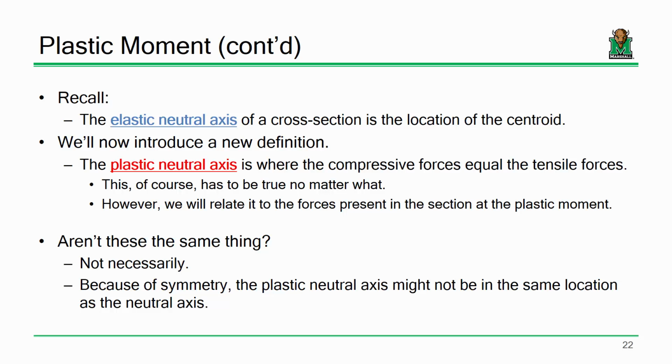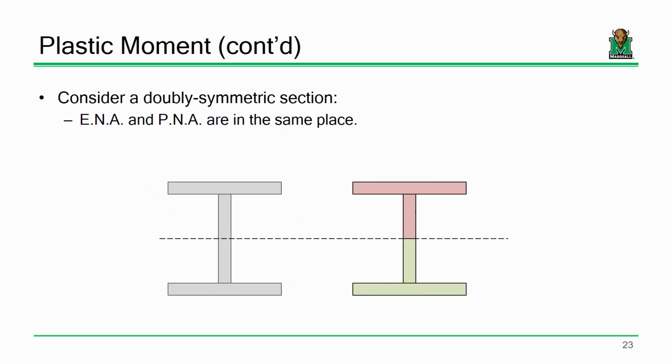Now, I've got an elastic neutral axis and a plastic neutral axis. Are they the same thing? Not necessarily. If you have a doubly symmetric shape, like a W30x90, a rolled W shape, then the elastic neutral axis and the plastic neutral axis are going to be in the same spot. But if you have a singly symmetric shape, like all the bridge beams we've been looking at this semester, they're not going to be in the same place.